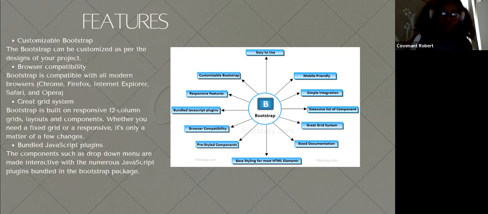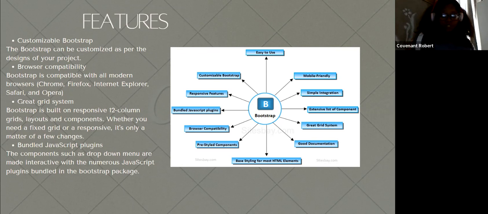Other features include its customizability. Bootstrap can be customized as per the design of your project. Bootstrap is browser compatible. It is compatible with almost all browsers: Chrome, Firefox, Internet Explorer, although they resigned yesterday, if you all know, Safari, and Opera. Bootstrap has a great grid system.